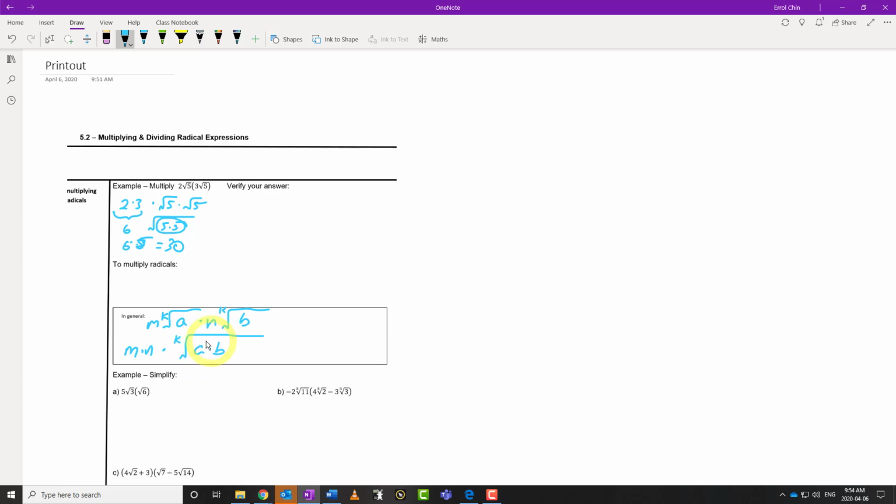And of course, in the previous lesson, you know that if you can prime factor a times b, and you look for multiples of k, you can simplify a radical.